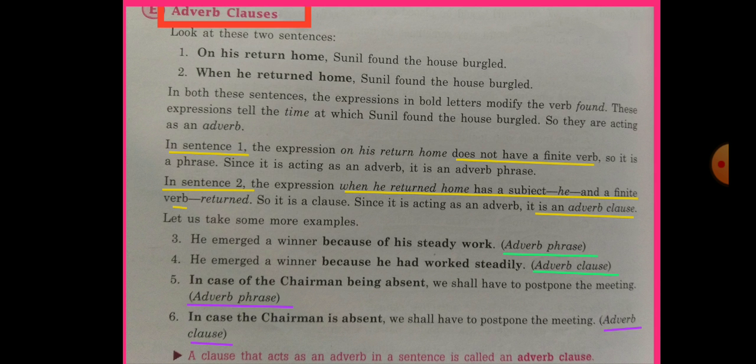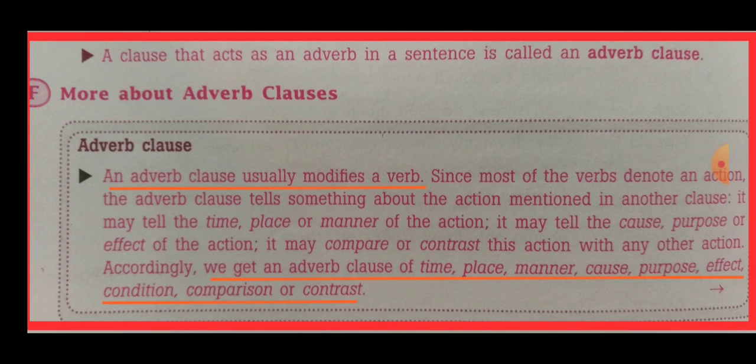So here it is working like a clause, and as it is an adverb of reason also, it is an adverb clause. This is how we will find an adverb clause in a sentence: if a group of words is working like an adverb in a sentence and has a subject and one finite verb, then it is known as an adverb clause. A clause that acts as an adverb in a sentence is called an adverb clause.